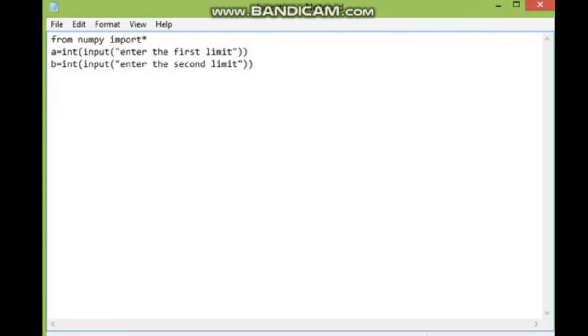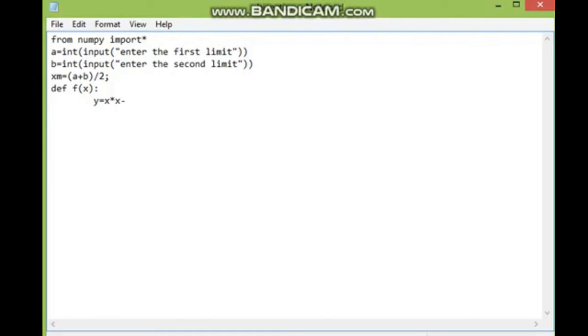Now I have to find the mid value of these limits, xm, which is nothing but (a plus b) by 2, and this is a semicolon. Then I have to define the function f of x, for example. Let's say y is your function value, which is equal to x star x minus 4; any function you can give.